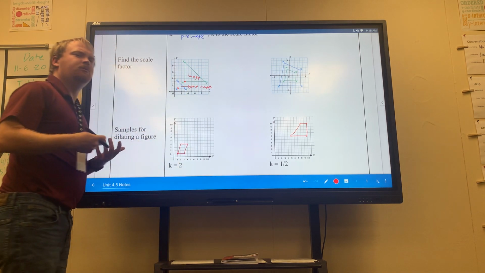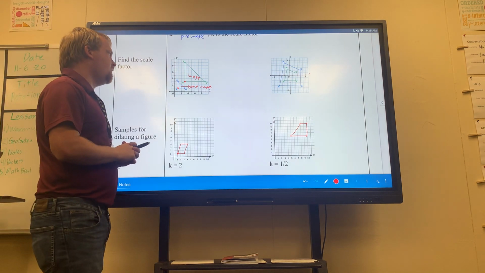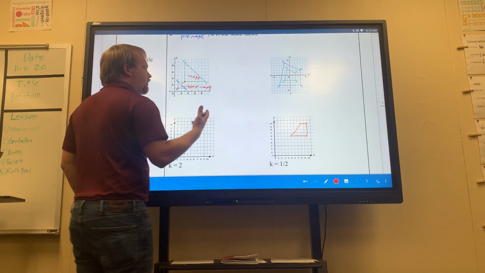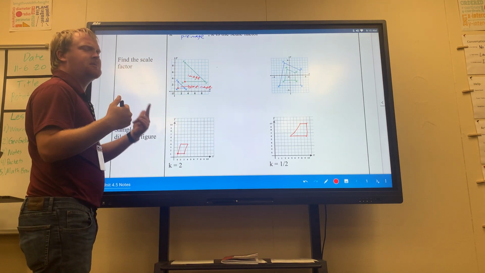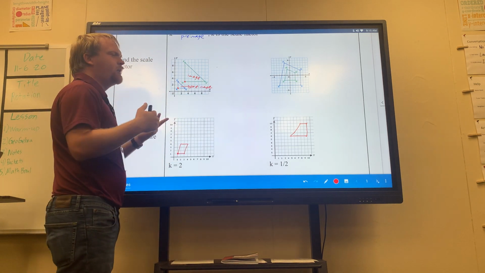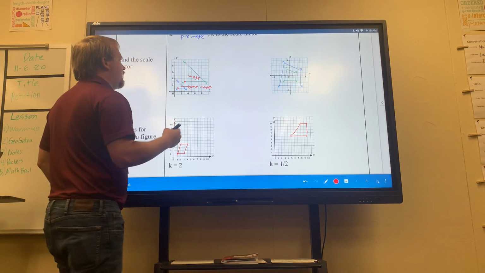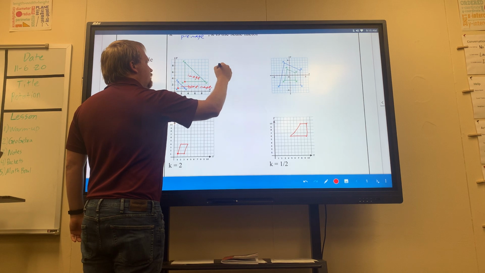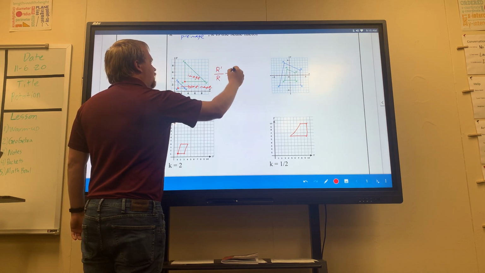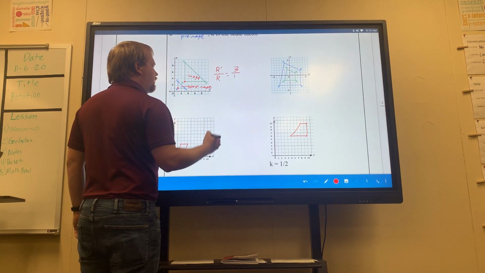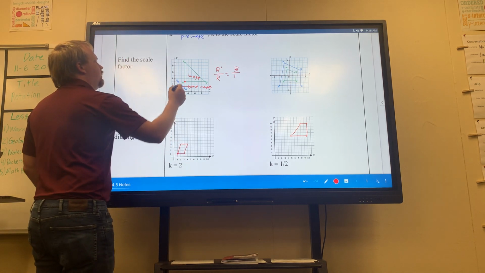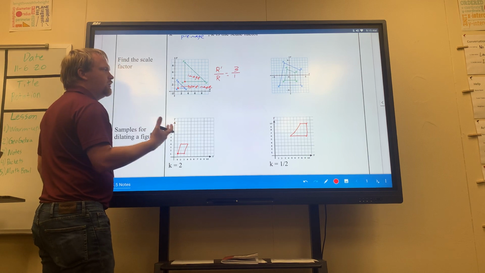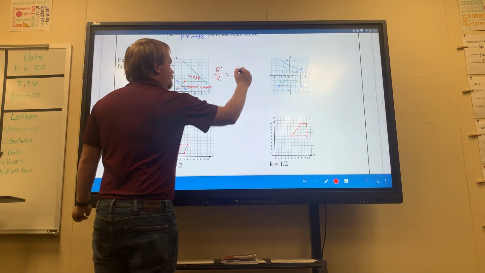We don't really have to use the whole point. We just got to pick one value, either x or y. Let's say I pick x. So R prime over R would give us 3 over 1, because the x value of R prime is 3 and the x value of R is 1. So if I divide it out, I get 3.